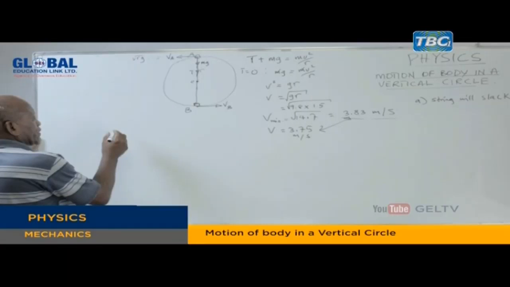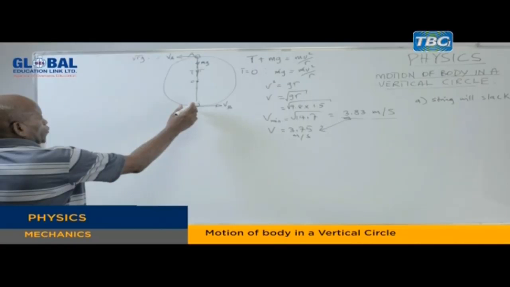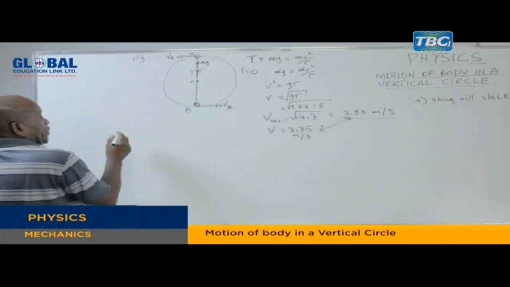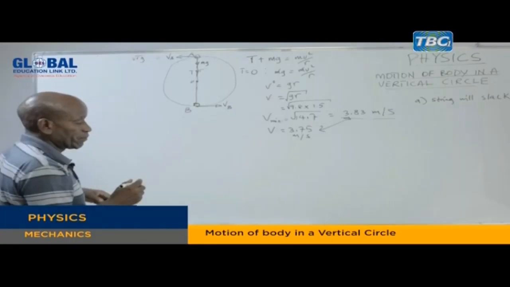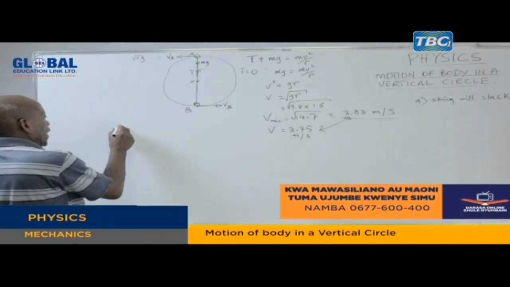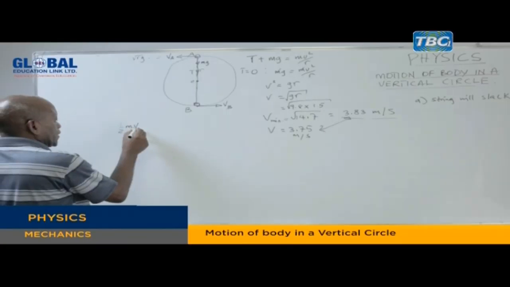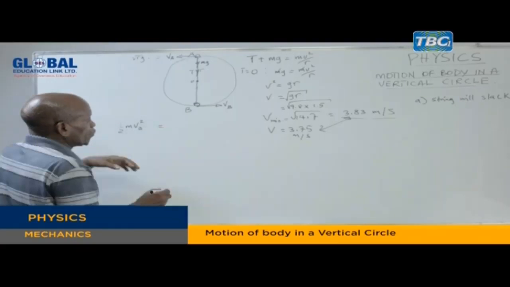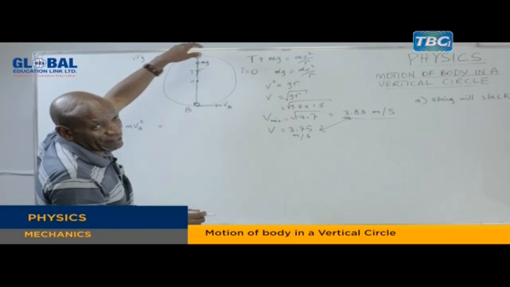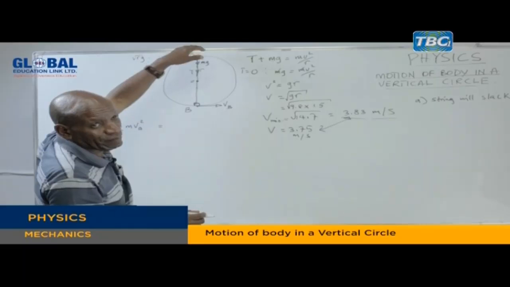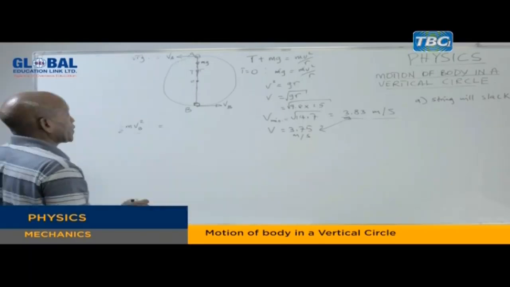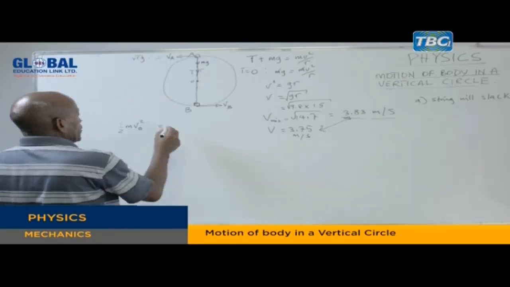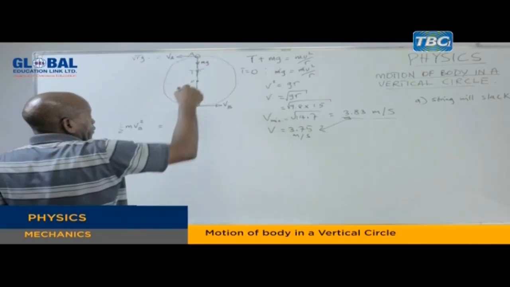So it goes like this. The total energy at the bottom is purely kinetic, which is equal to a half times mass times vB squared. This will be equal to the total energy at the top, which is kinetic plus potential.